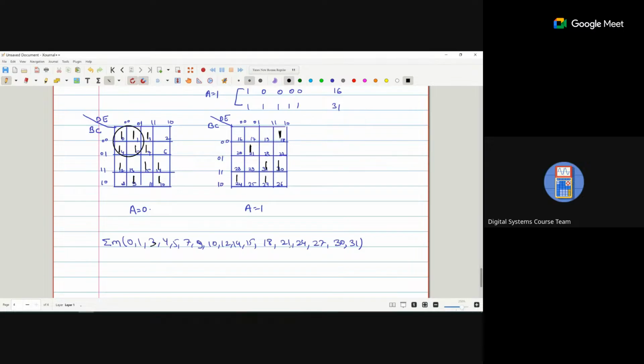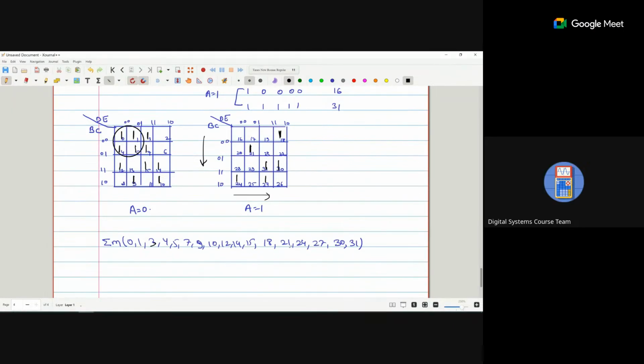Initially, in 4 variables, we discussed a 2-dimension K-map, in this dimension and in this dimension. There are 2 dimensions. But now it is a 5 variable K-map.